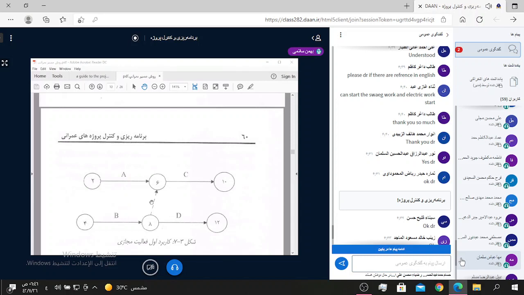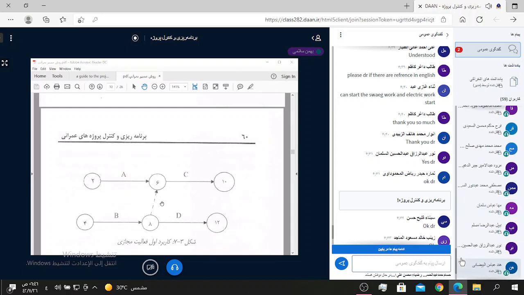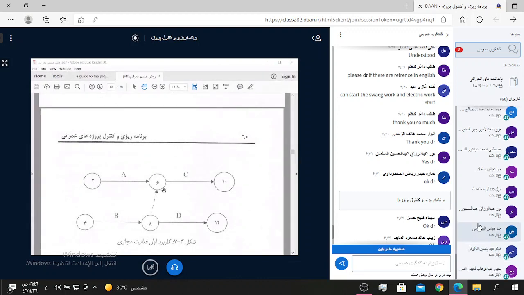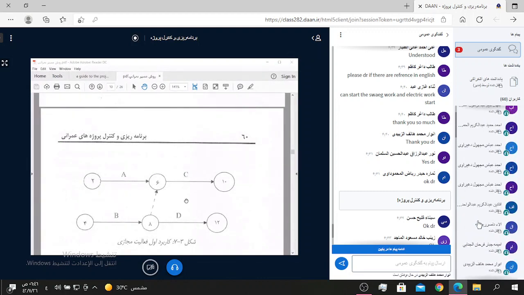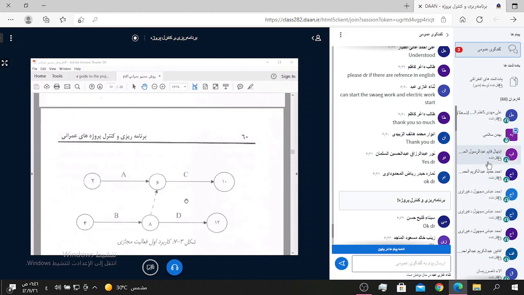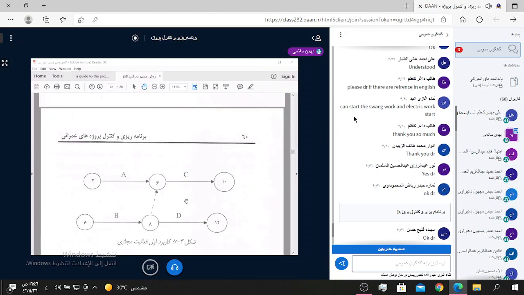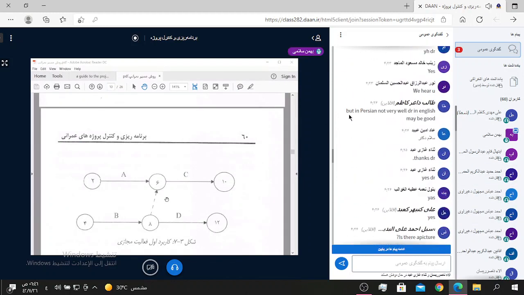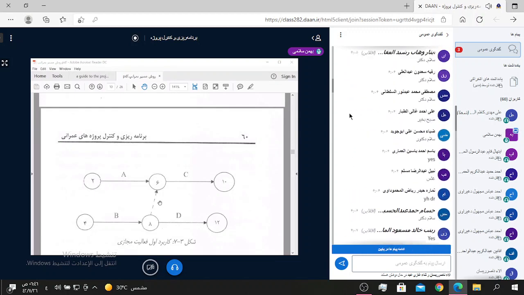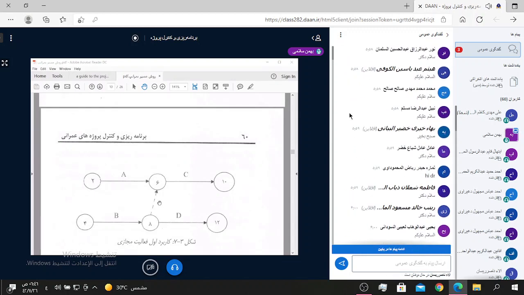And the duration is 0. We use only dummy activity for better relationship between real activities. It's not a real activity.